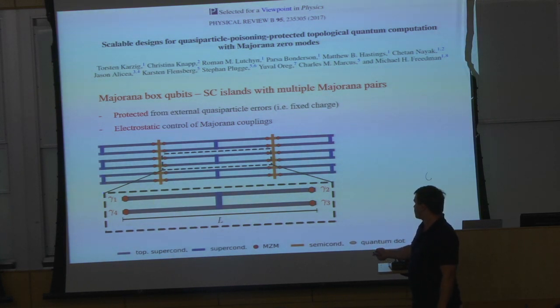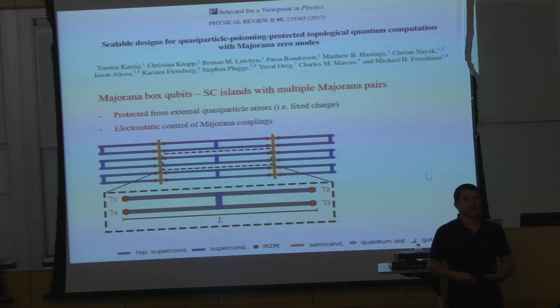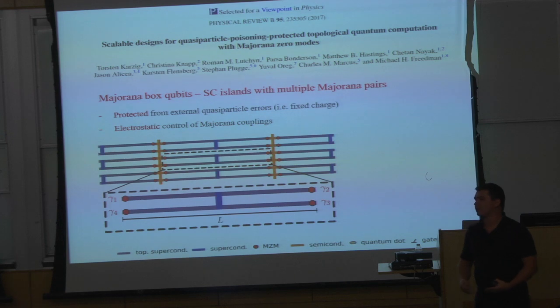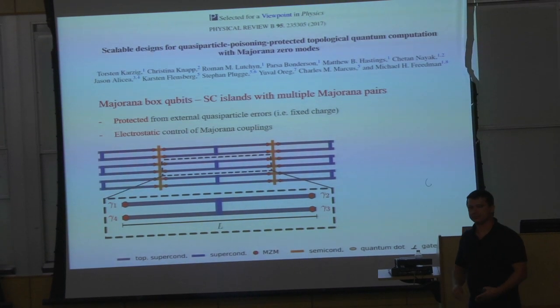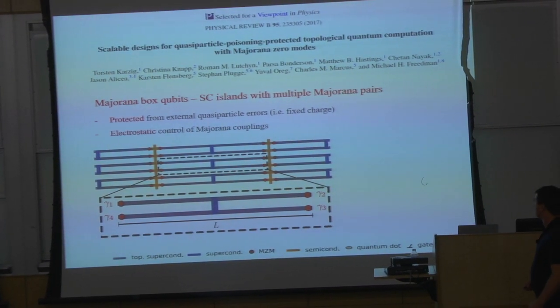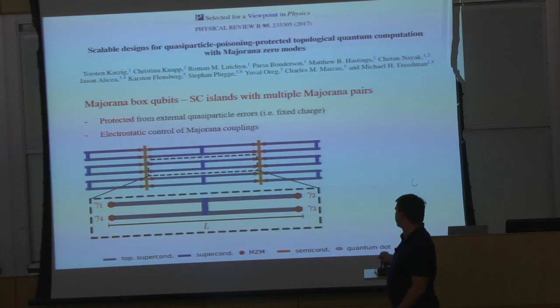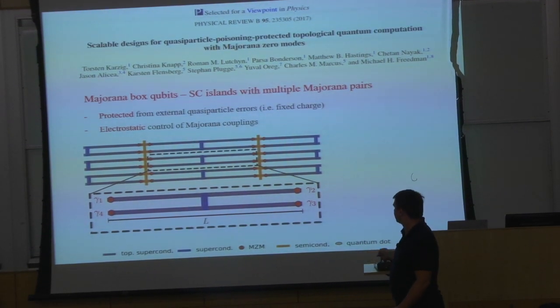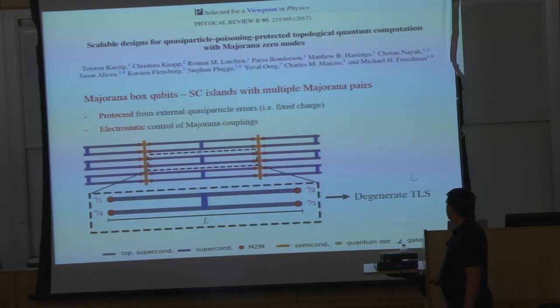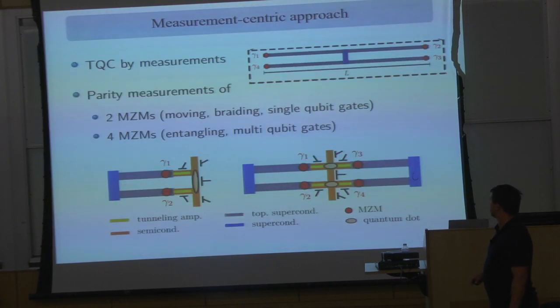And from four-dimensional Hilbert space, we reduce to two-dimensional Hilbert space. So this object here will correspond to a degenerate two-level system. Okay? And this degenerate two-level system will be our qubit. So now, what do I need to do? I need to show you that we can manipulate this qubit. Now we have a degenerate two-level system, then we would like to manipulate the qubit.